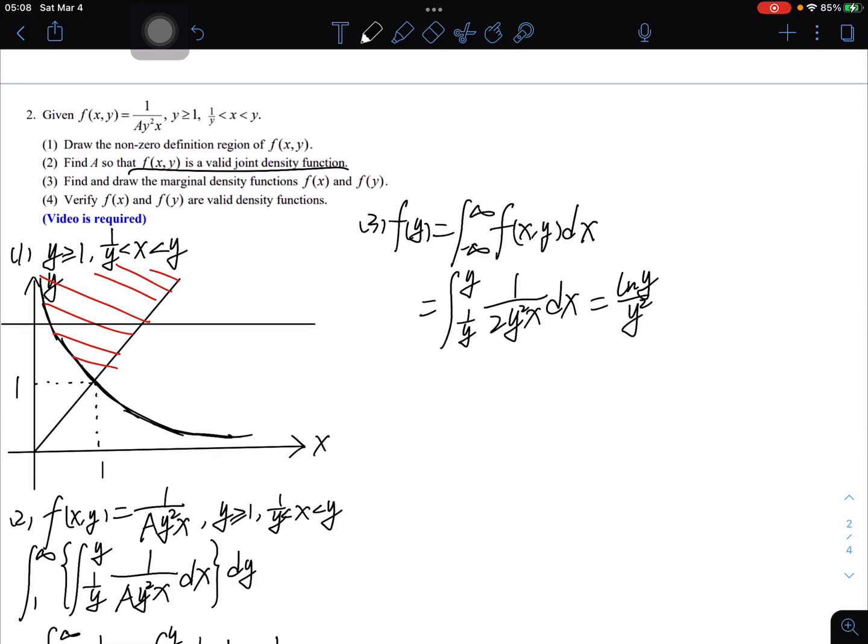In this function, the y range is y larger than 1.